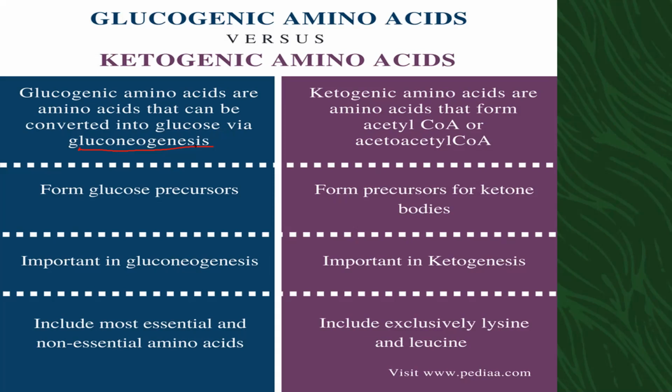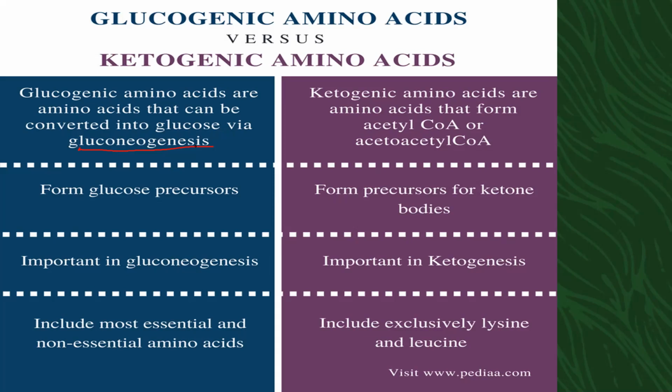Now, how about ketogenic? Glucogenic is important in the process we call gluconeogenesis because it can be converted to become glucose via gluconeogenesis.